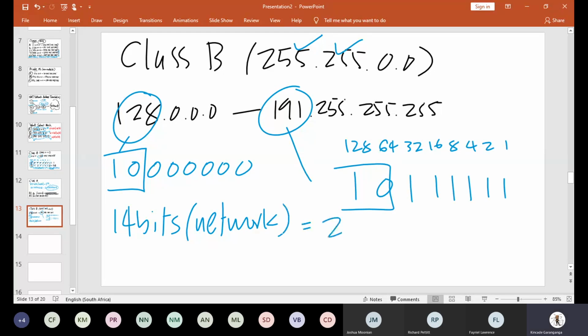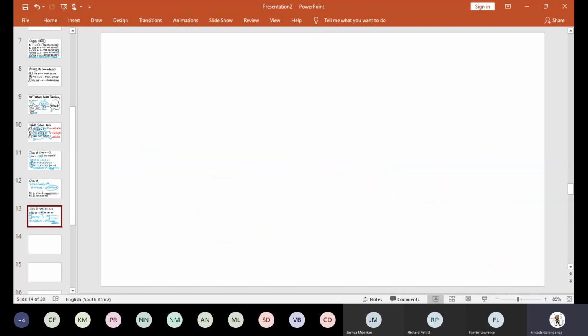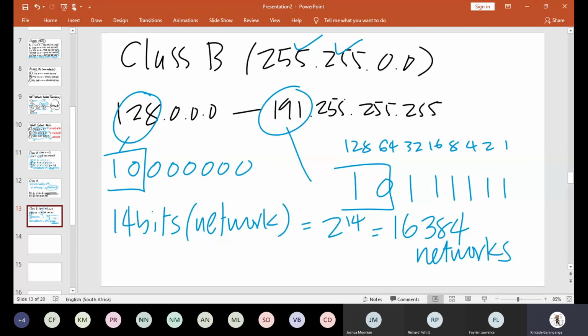And that equates to 2 to the power 14. What does that give us as far as totals are concerned? You're getting 16,384 networks, right? So when you're looking at class B, the maximum number of networks you can get is obviously 16,384. On the other hand, now the remaining, so you see here, we've got 2 bits.